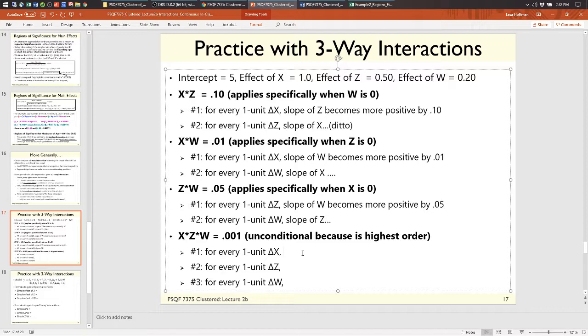Now, the new part. For every 1 unit change in x, what does the three-way interaction say happens? Yeah, the two-way interaction, I'll call it two-way slope of, it's going to be z by w or the others, right? Becomes more positive by 0.001.